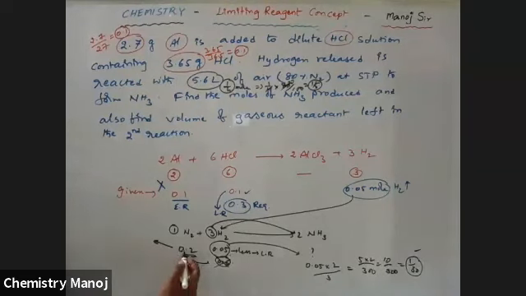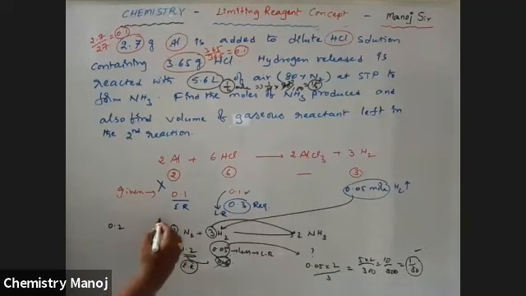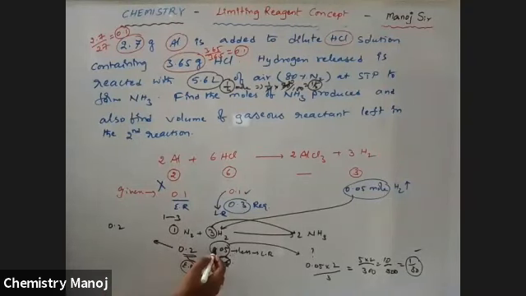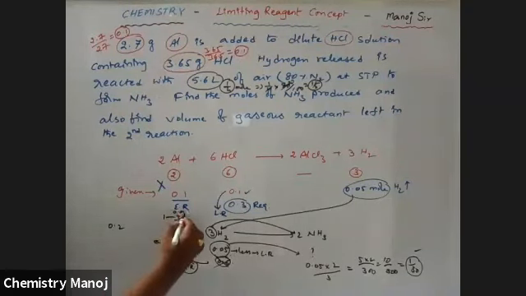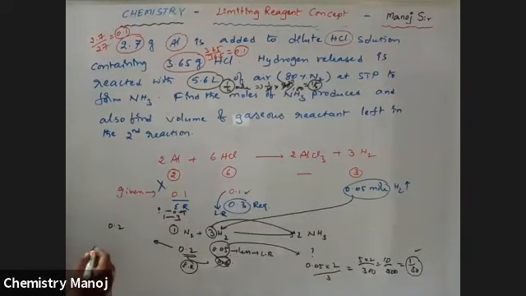That means 0.2 is actually there. In that 0.2, 1 mole reacts with 3 moles. Here 0.05 is involved in the reaction.